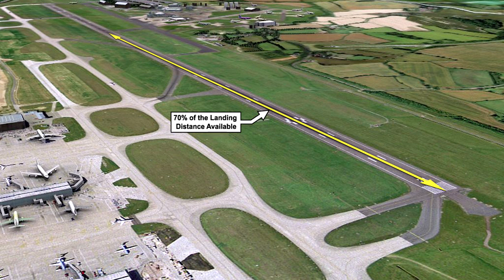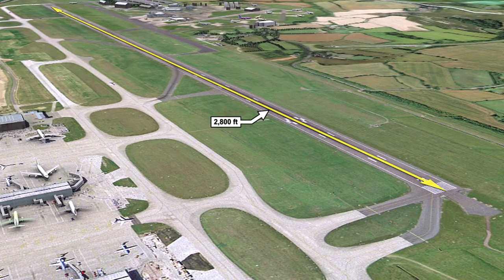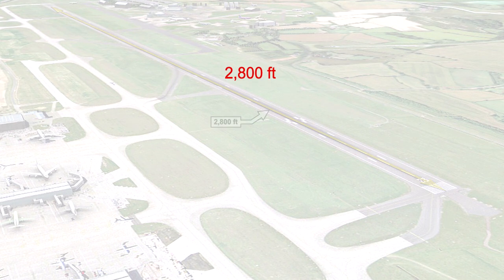To help clarify this, let us work through an example. If the landing distance available at a destination airfield is 2,800 feet long, then obviously the aeroplane must be able to land within 70% of 2,800 feet. To calculate this value, we must divide 2,800 feet by a factor of 1.43.